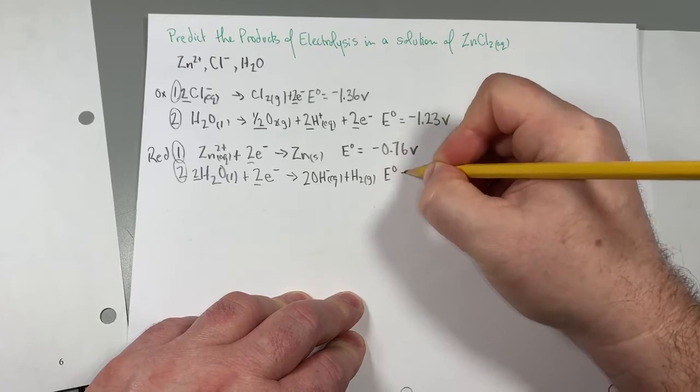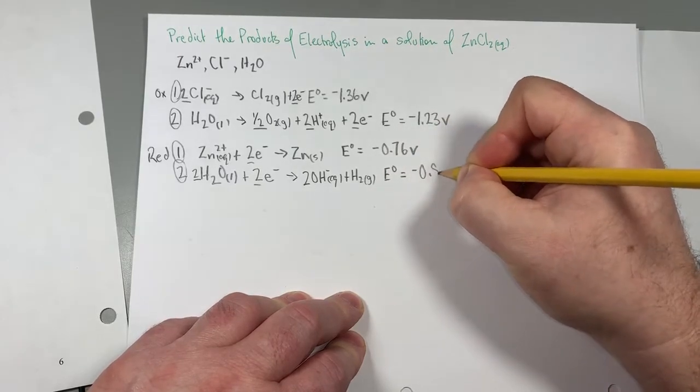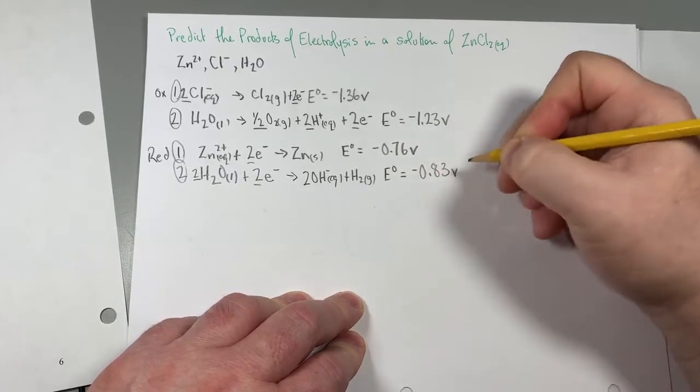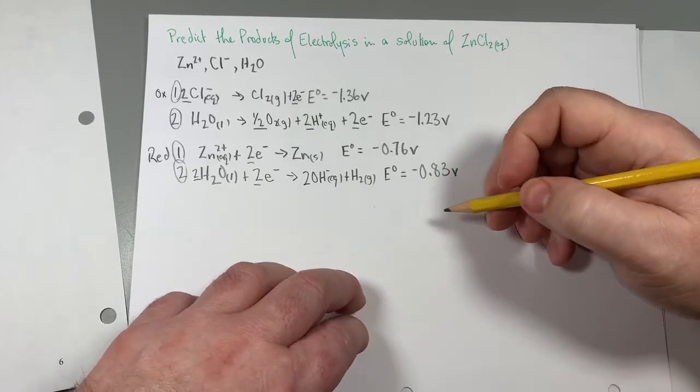E naught is equal to negative 0.83 volts.